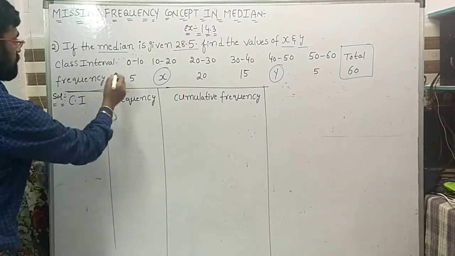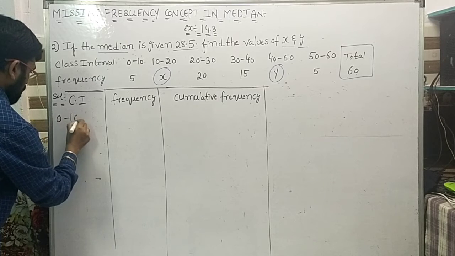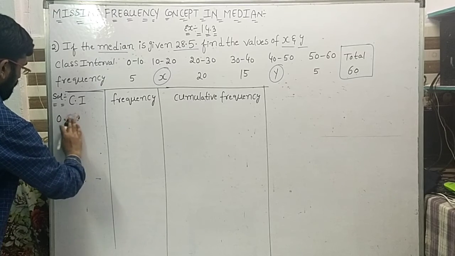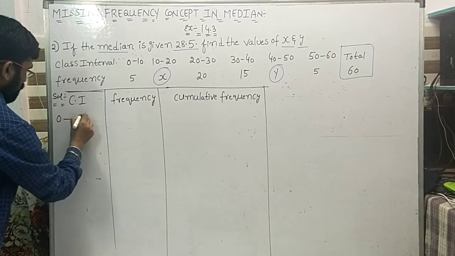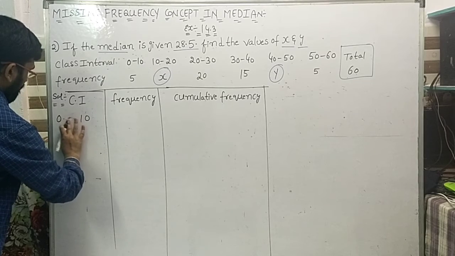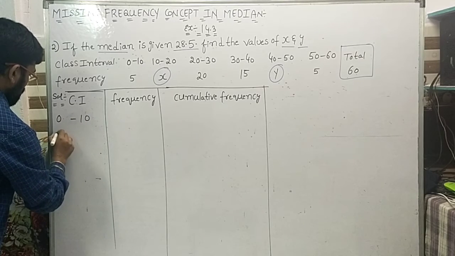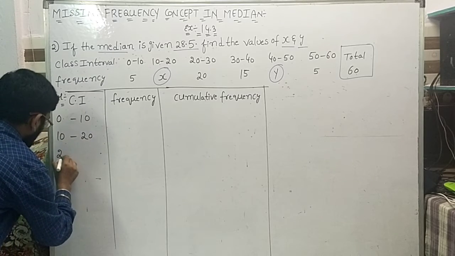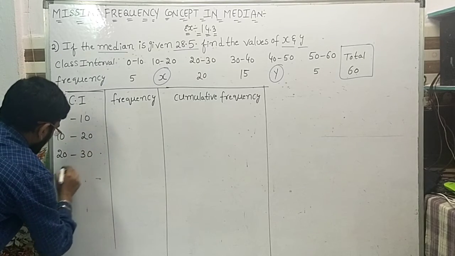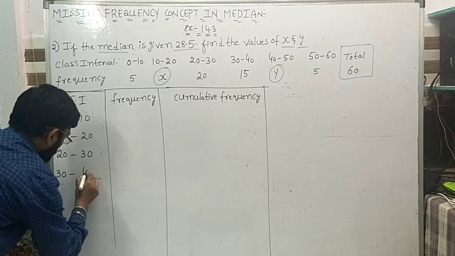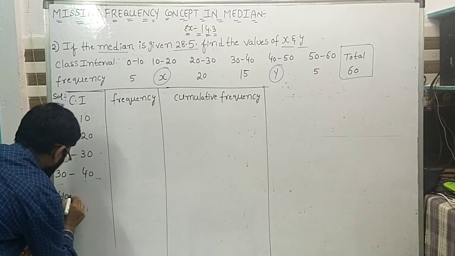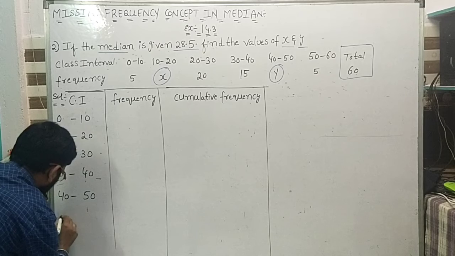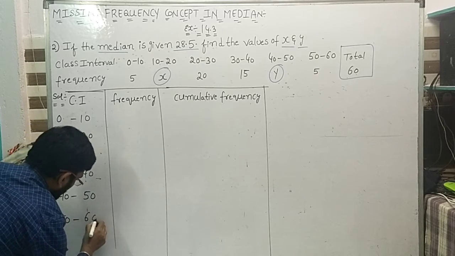Class intervals: how much? 0 to 10, 10 to 20, 20 to 30, 30 to 40, 40 to 50, 50 to 60.